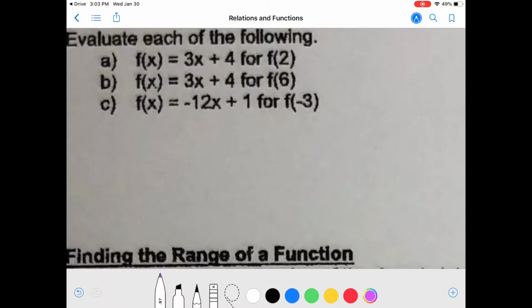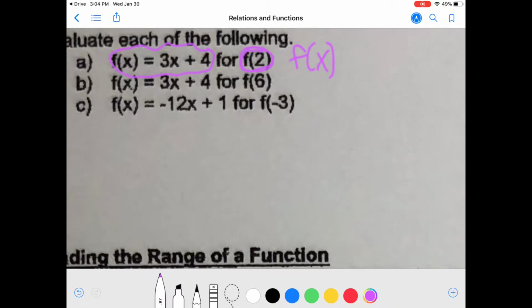We're given that the equation is f(x) equals 3x plus 4. We are also given that f of 2 is what we're going to find. So instead of writing f of x, we're going to be writing f of 2. What changed between what I wrote first and what I wrote second?